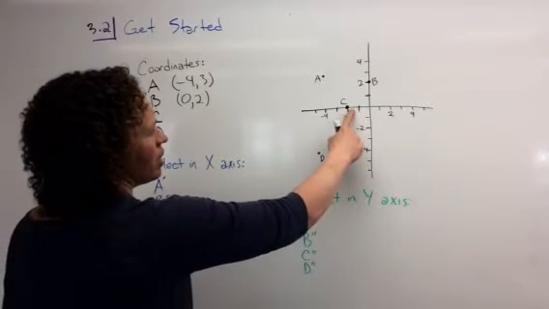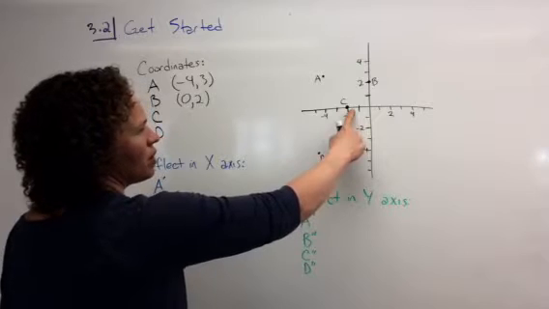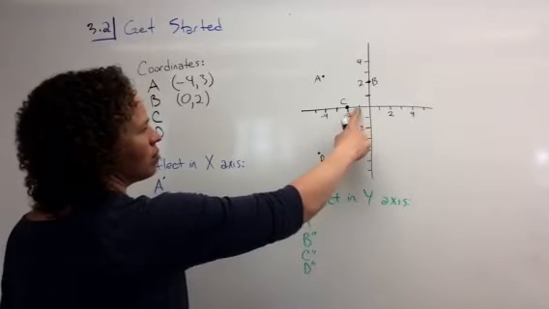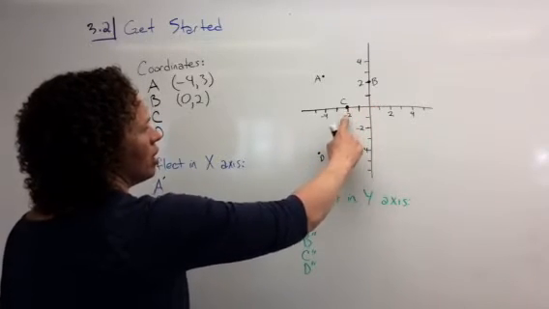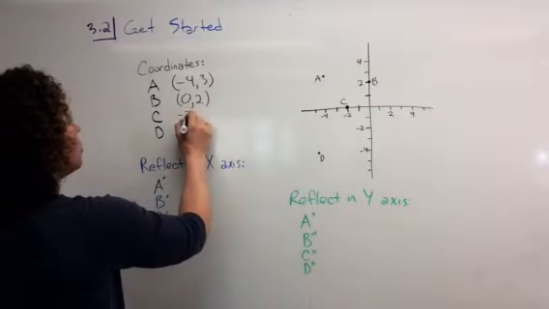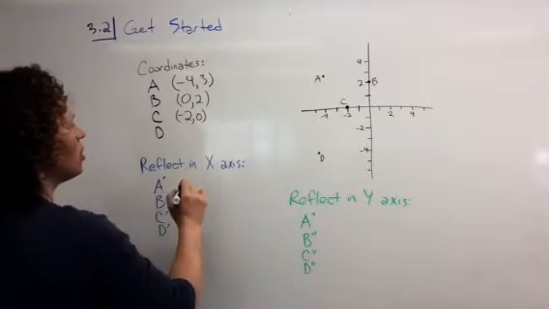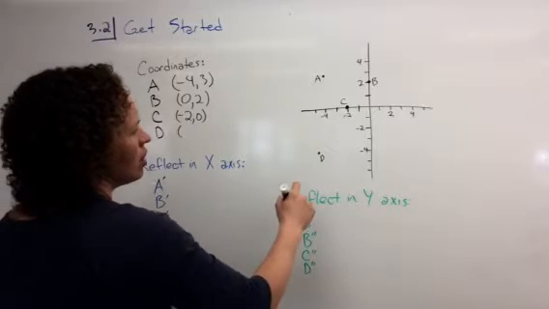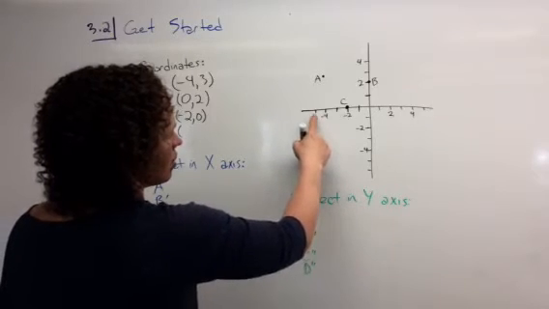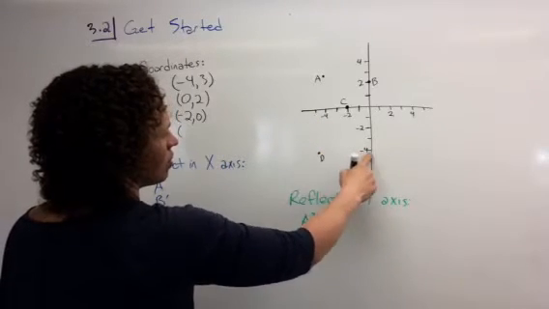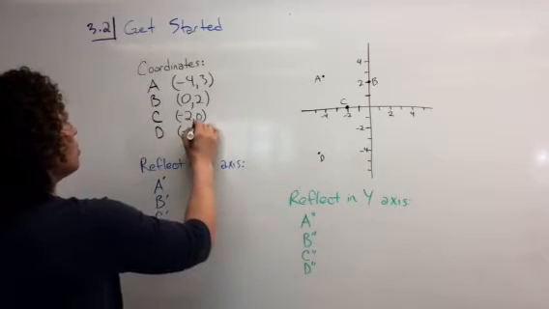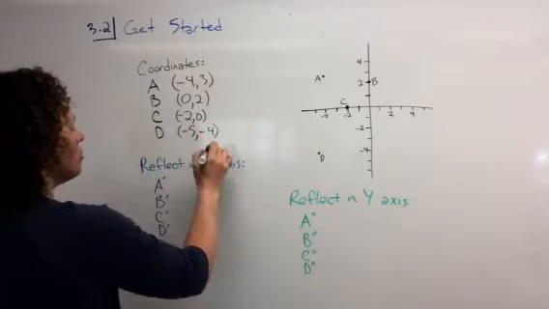C is right on the x-axis, so y is going to be 0, but x is -2, so -2 and 0 for that point. And then for D, it's out here at -5 and over there at -4, so x is -5 and y is -4.